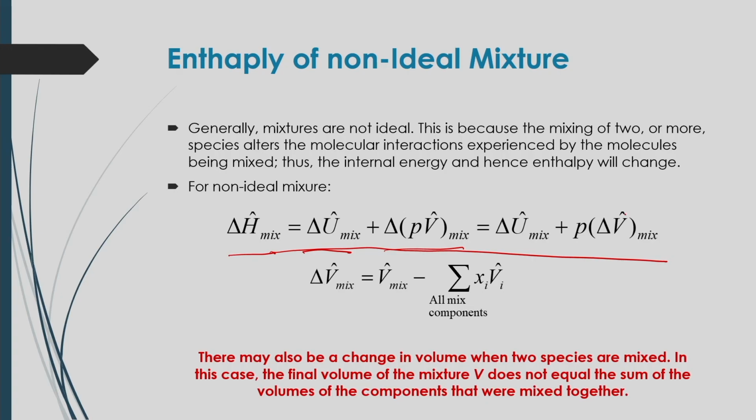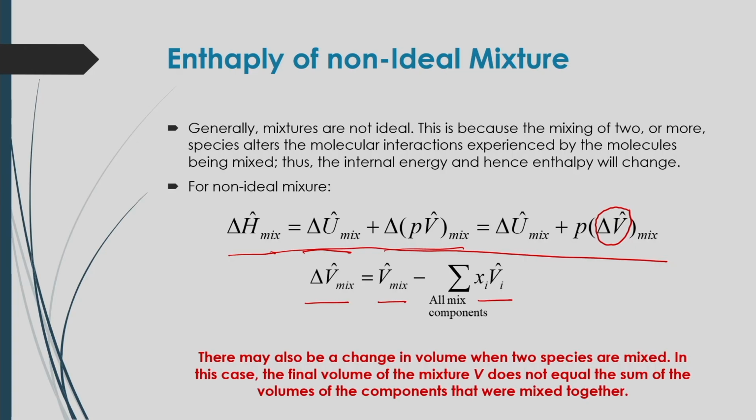it is very interesting that the change of volume of this mixture will be different from the summation of the volume changes of individual components based on their mole fractions. So, in this case delta V mix will be equal to V mix minus the summation of xi times Vi.